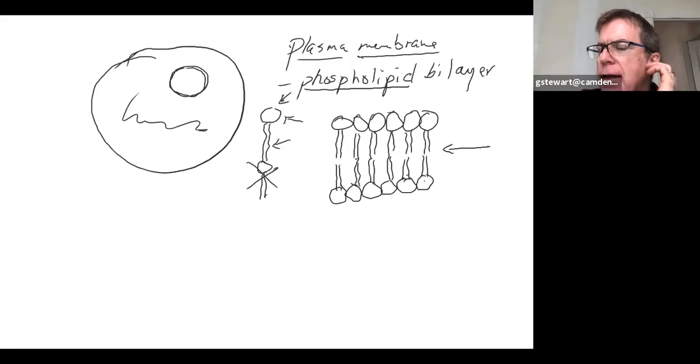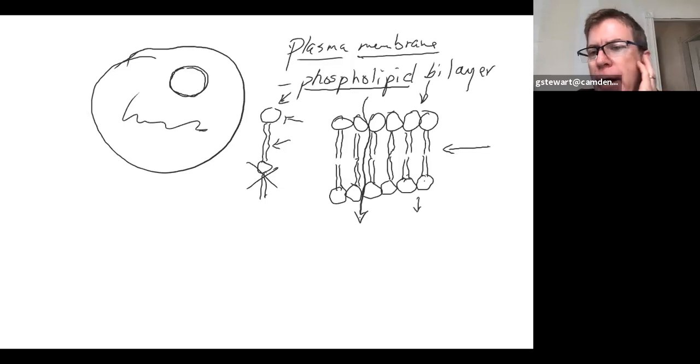So things that are water soluble can't really get through to the other side. Things that are lipid soluble or hydrophobic, think oil and water don't mix, can slide right through this membrane, no problem.